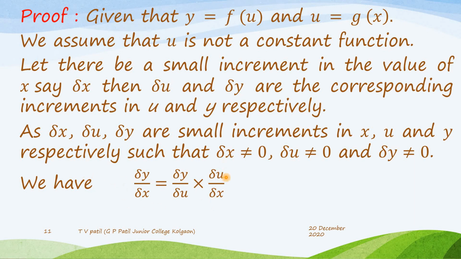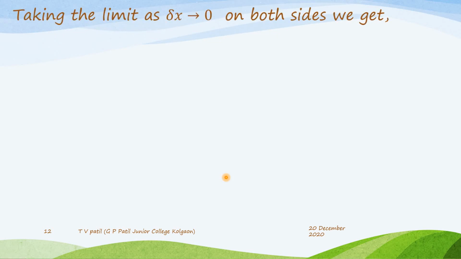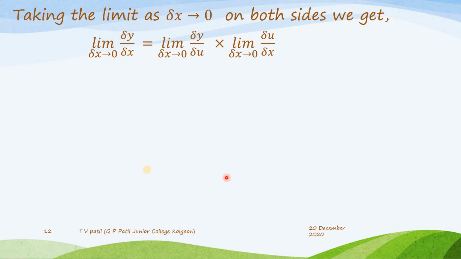Now taking the limit as delta x tends to 0 on both sides. Limit of delta y upon delta x as delta x tends to 0 is equal to limit of delta y upon delta u as delta x tends to 0, into, in the second one, limit of delta u upon delta x as delta x tends to 0. Looking at the first function, here we have delta u, but the limit is delta x.